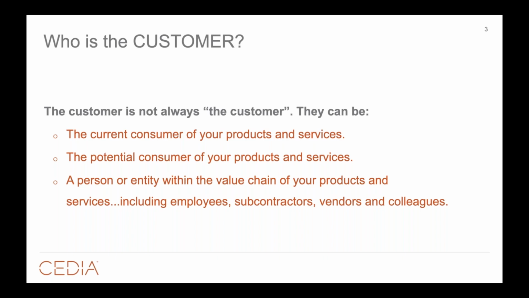Let's look at that customer because this is important. So often we tend to think of customers in their classical sense, right? Somebody I'm going to sell goods and services to. Yes, that is a consumer of our products and our services. But when we talk about lean, we talk about customers in terms of who are we engaging? Sometimes that person, that entity, that business may be something like a supplier, right? We want to bring suppliers into this conversation. It could be other colleagues. It can be other employees within our organization.